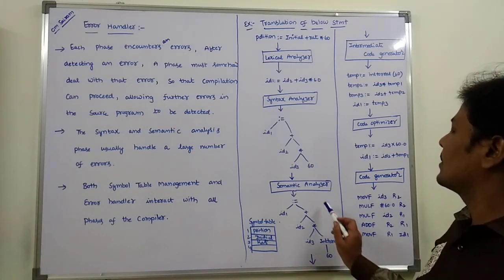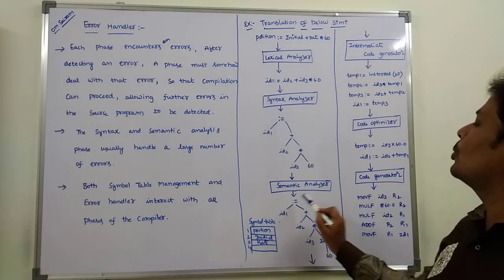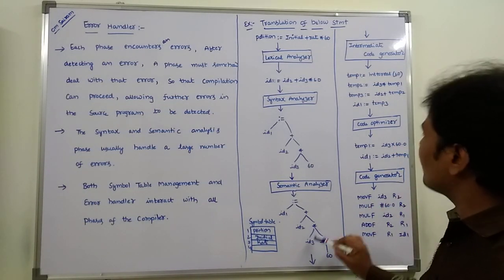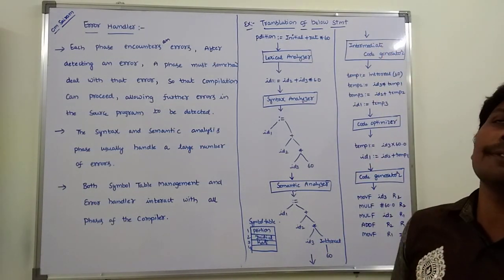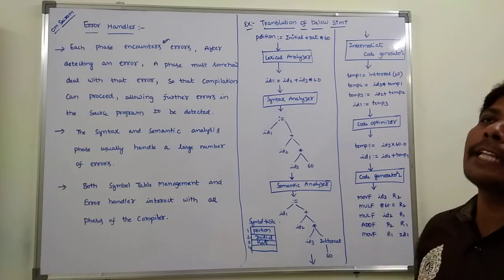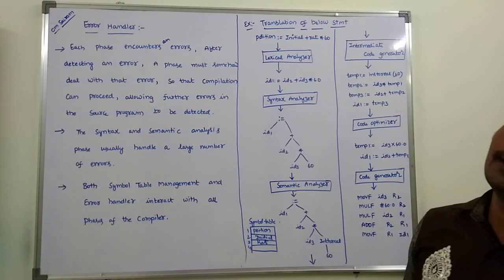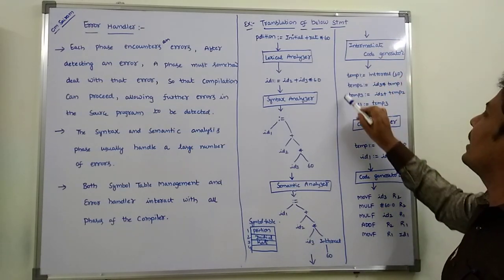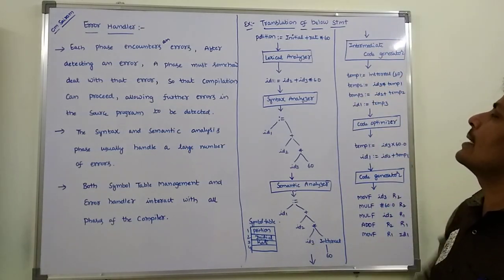So that is 60. This tree is the output of the semantic analyzer. This can be given as input for the intermediate code generator. The intermediate code generator can convert it into these statements.